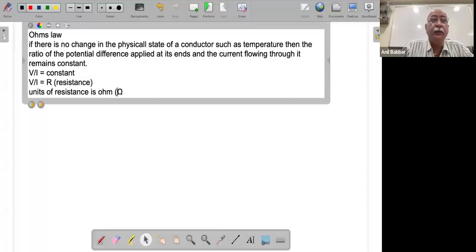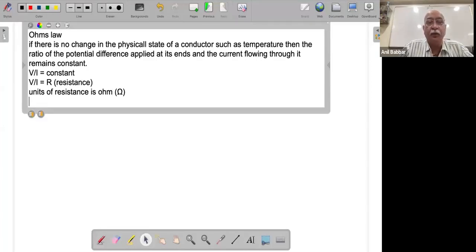Ohm, denoted by omega, right? So 1 ohm is equal to 1 volt per ampere. That's the resistance.